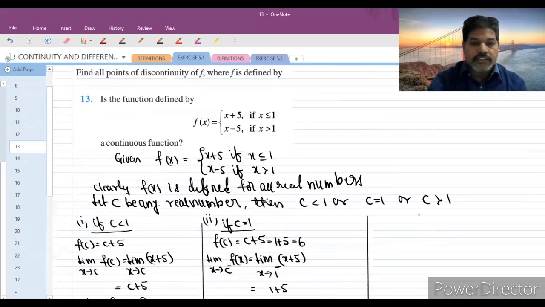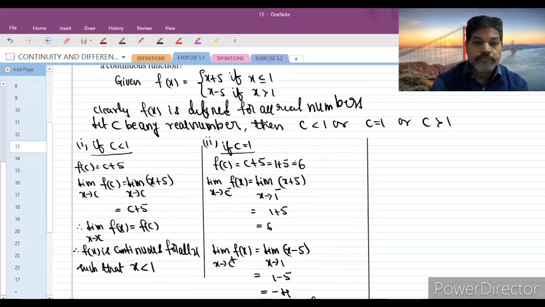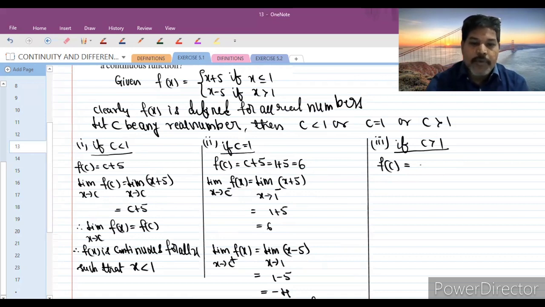If C is greater than 1, then what happens? f of C is equal to, see the question, what is the function defined? C minus 5.